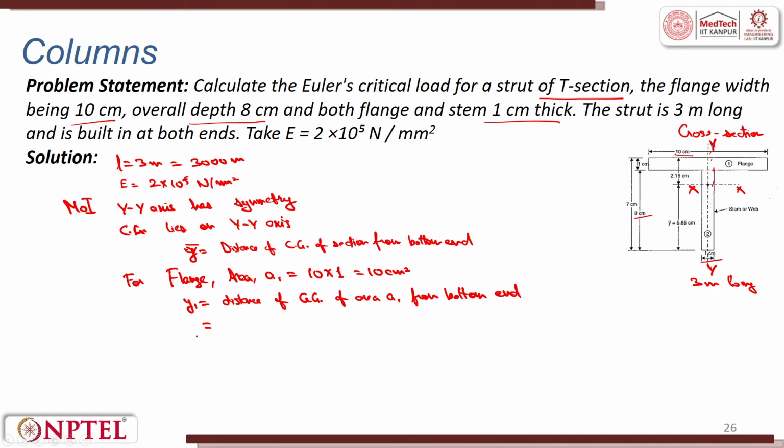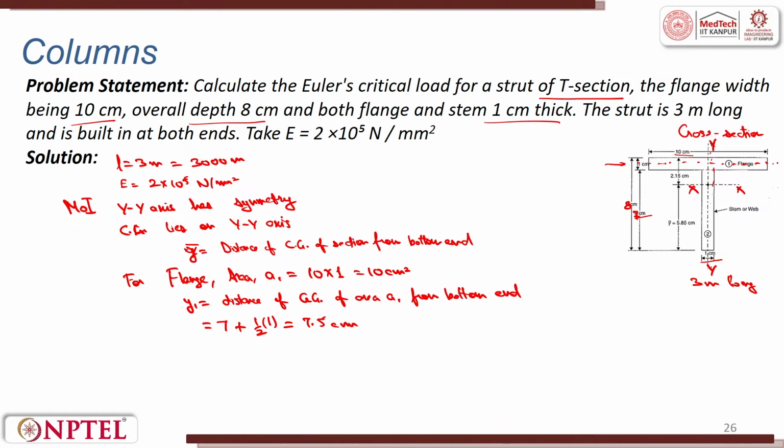Distance of CG from the bottom end, I have to calculate it here. The total is 8 centimeters. This is 8 centimeter, this is 7 centimeter. So the total distance here is 7 centimeter plus half of the flange length. It will come somewhere here, that is 7 plus half of 1, so that is 7.5 centimeters.